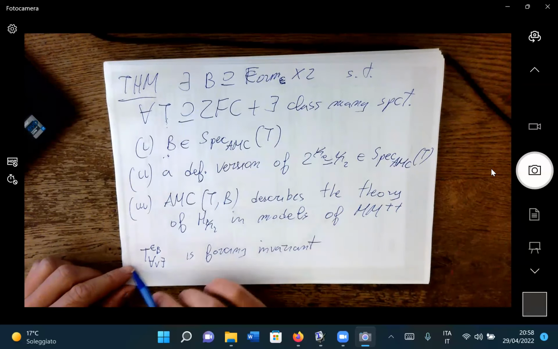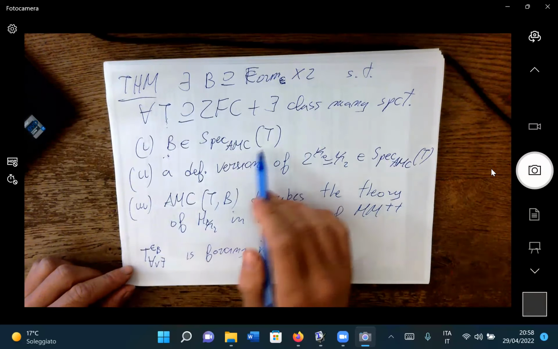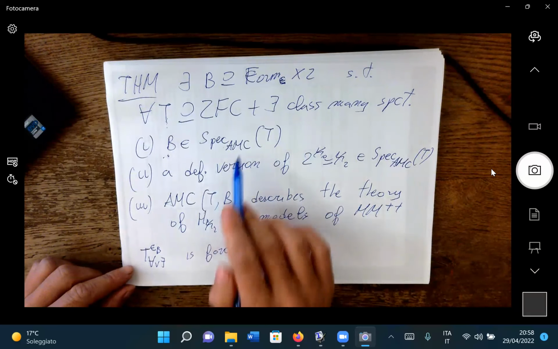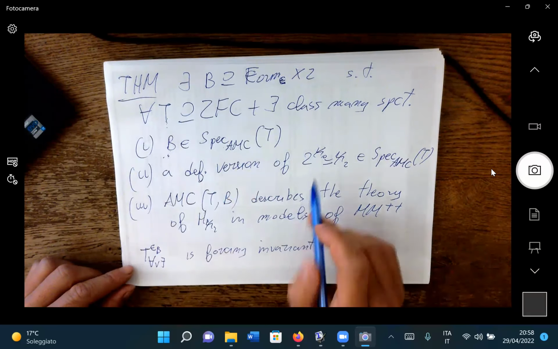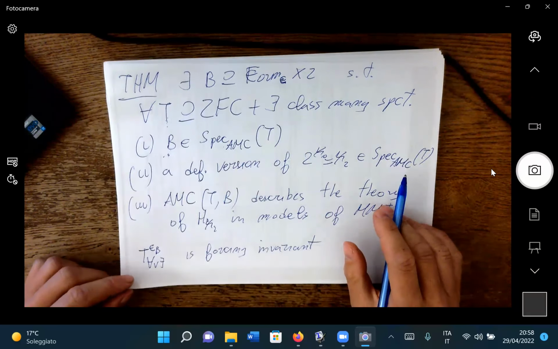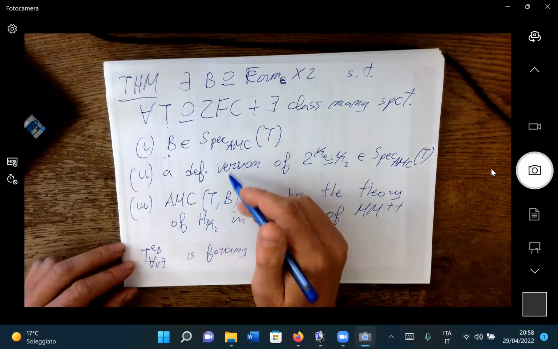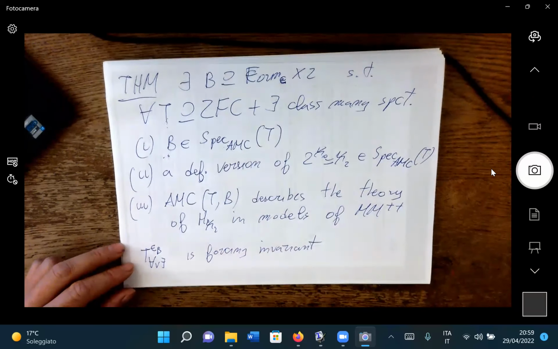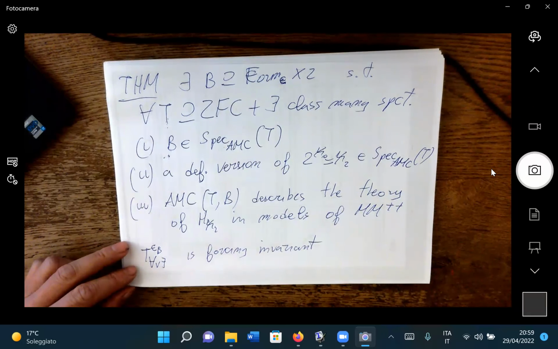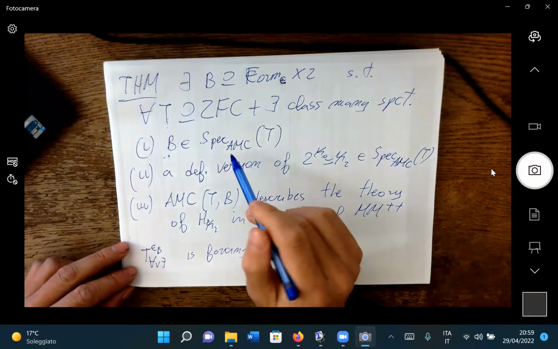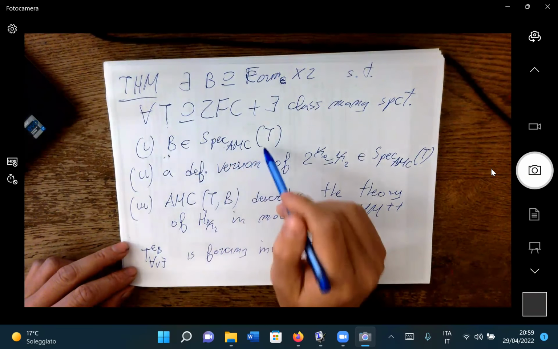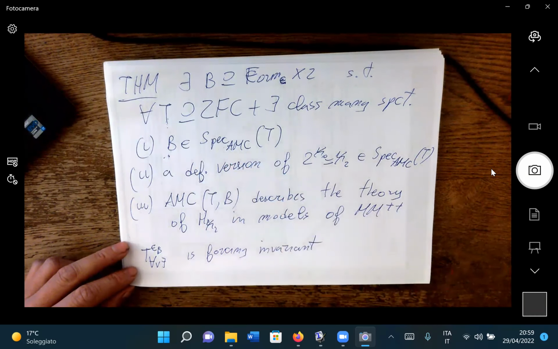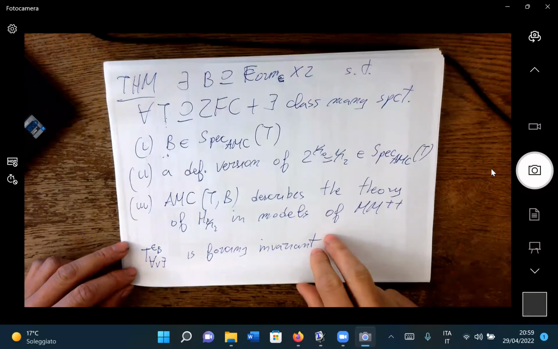T could satisfy 2 to the aleph 0 bigger than aleph 2, but in the absolute model companionship spectrum of this B, you will get 2 to the aleph 0 equals aleph 2. Okay? So here the result is saying, even if you have a theory which decides CH, you are forced to put 2 to the aleph 0 equals aleph 2 in the spectrum of this theory, while you are not forced to do it when the theory is not deciding CH.